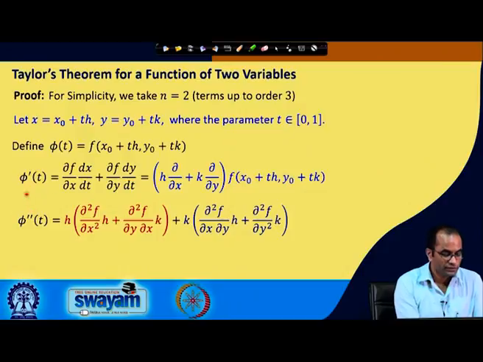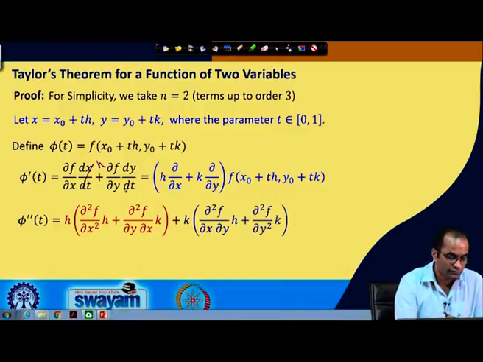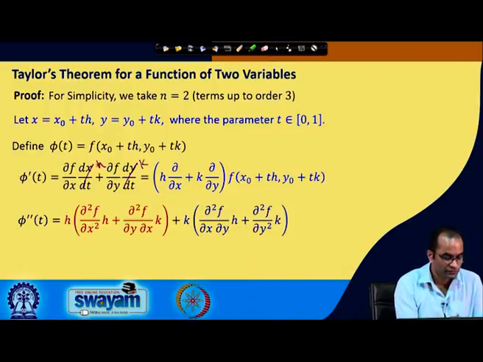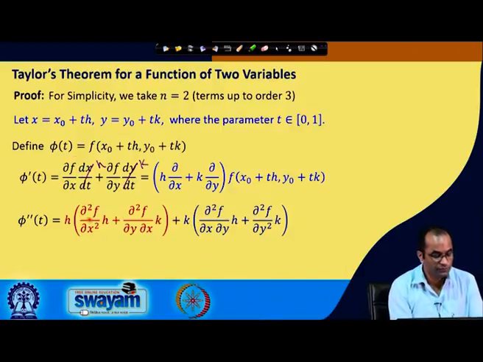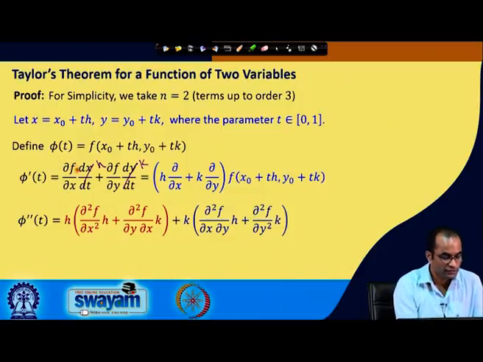Similarly, we can compute the second order derivative. We have the first order terms here with this h and this k. We will now compute the second order derivative of this term. The h will remain as it is, and for the derivative of del f over del x, the same chain formula will be used: the partial derivative with respect to x again, so the double derivative, and then dx over dt will come, which is h, plus the partial derivative of f with respect to y.